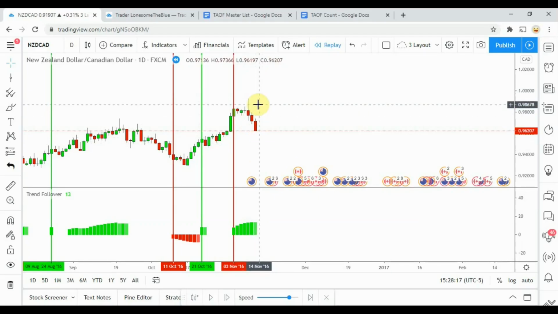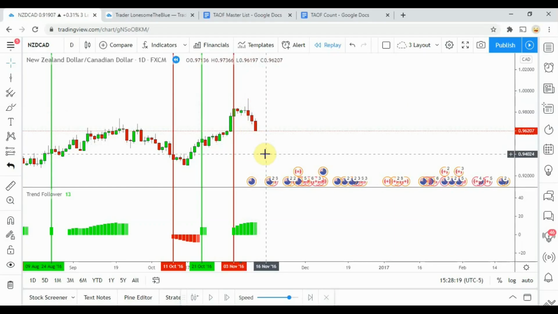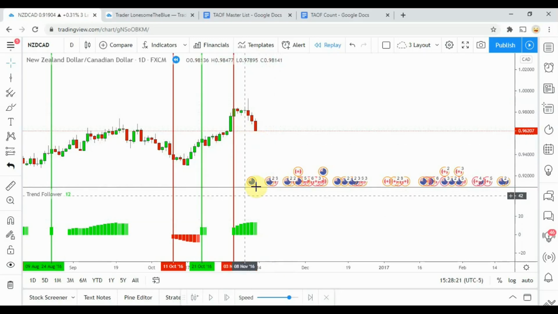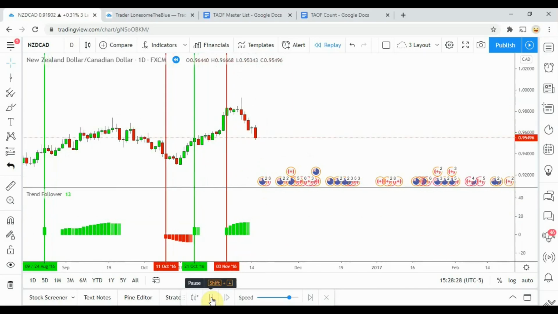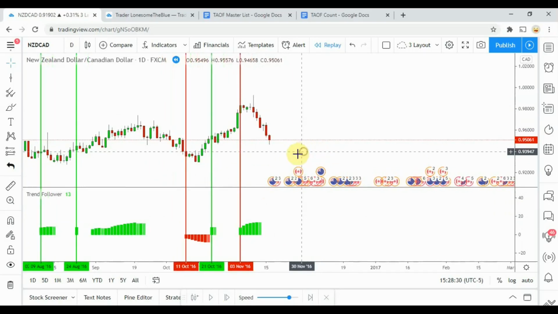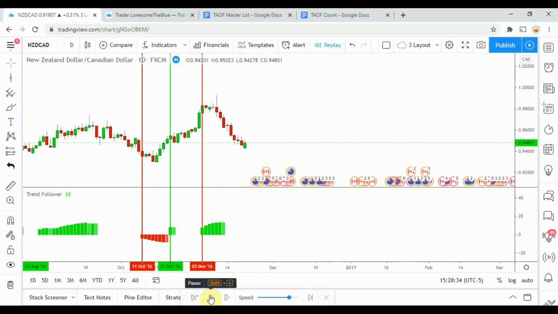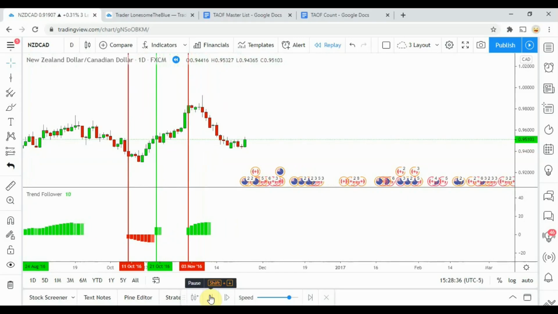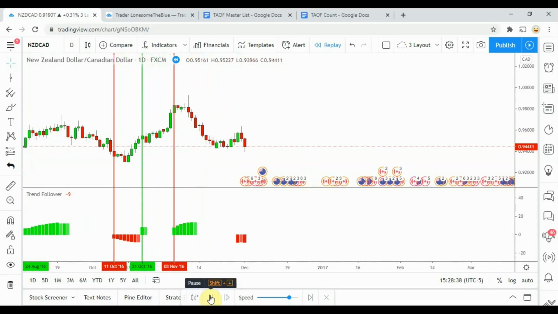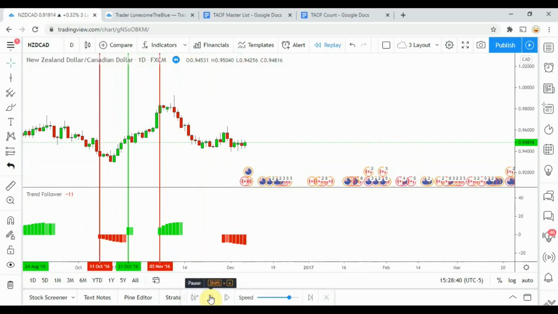So we're going to give it the benefit of the doubt to the downside, giving ourselves the best possible advantage that we can without watering down our results of the testing.